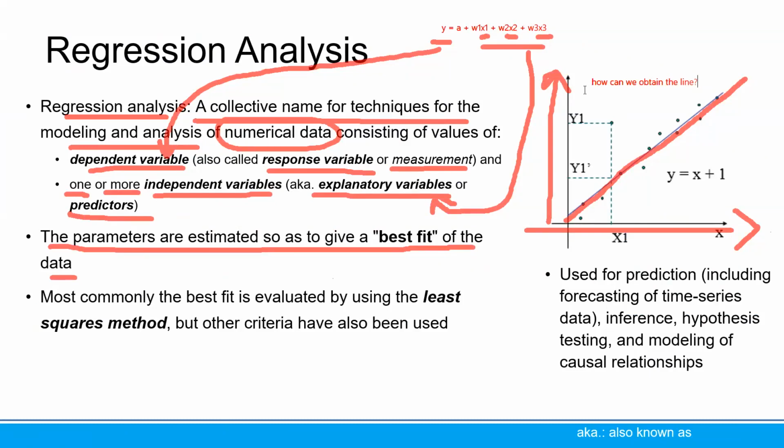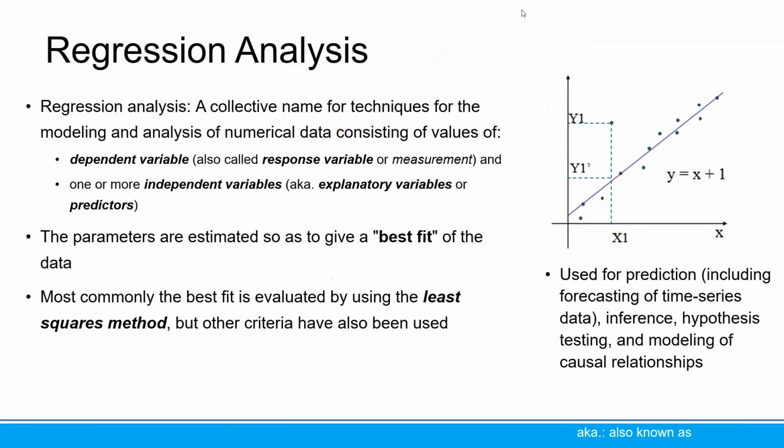So that's why usually you will check this kind of line. It can be this line or it can be this line. So we will check every possibility, and this will be the least error.